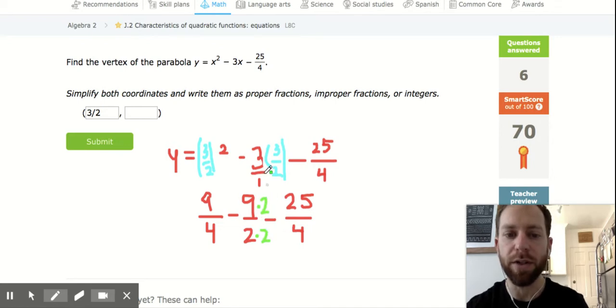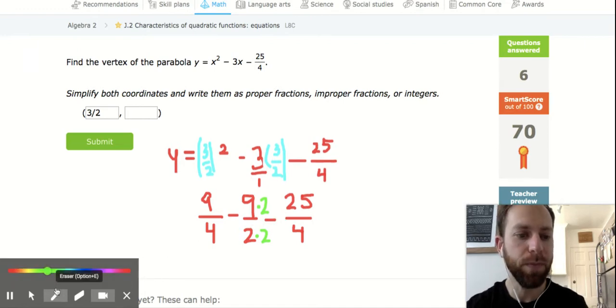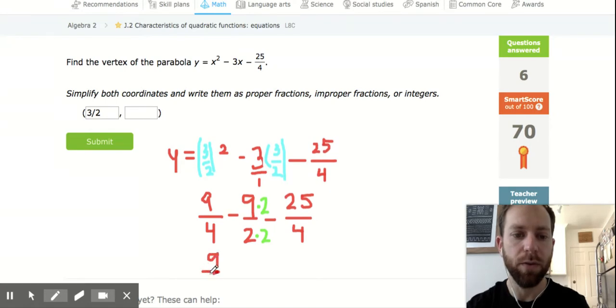And when you multiply something by 1, it doesn't change it. It just changes what it looks like. So let's rewrite this and do the subtraction. 9 over 4 minus 18 over 4 minus 25 divided by 4.